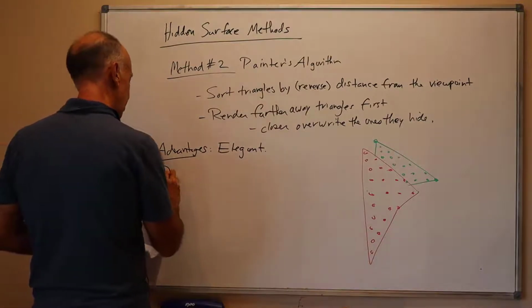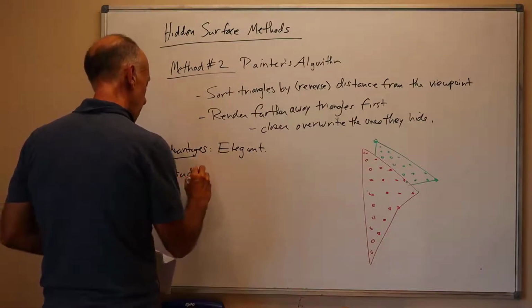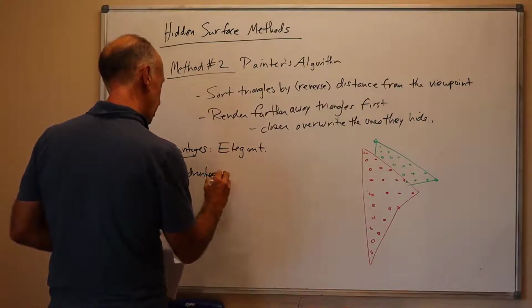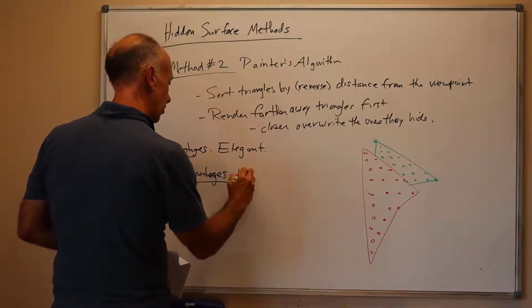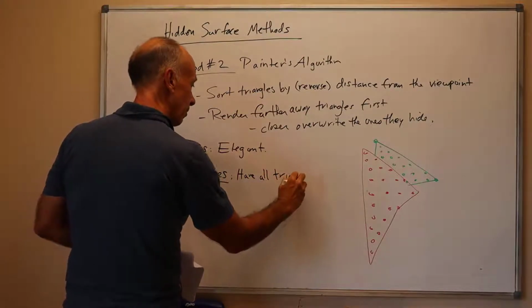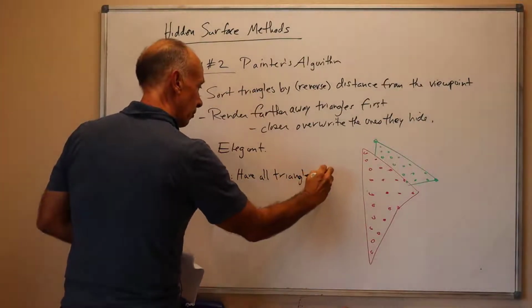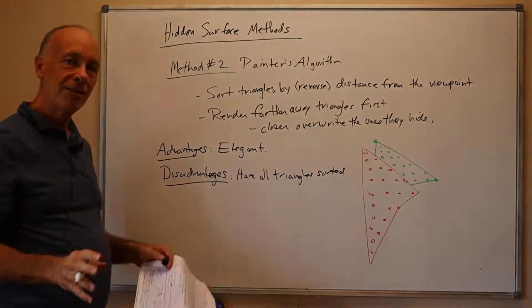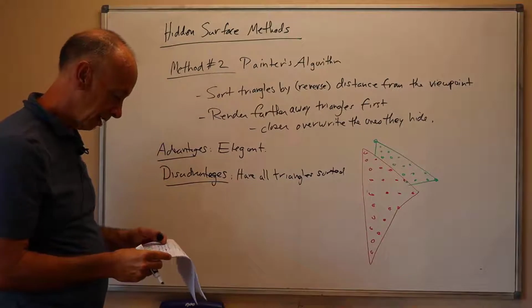The disadvantages are you do have to have all the triangles first and sort them, or have some other method of sorting them. If somehow you know that some things are further away, you might just render them first and then render the closer things second.